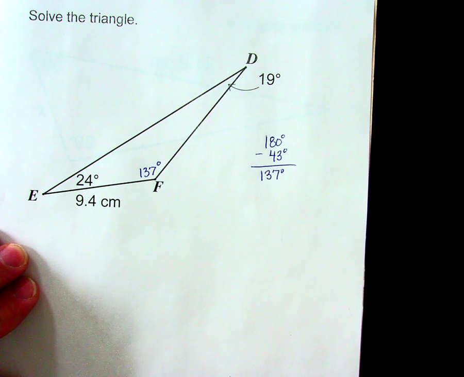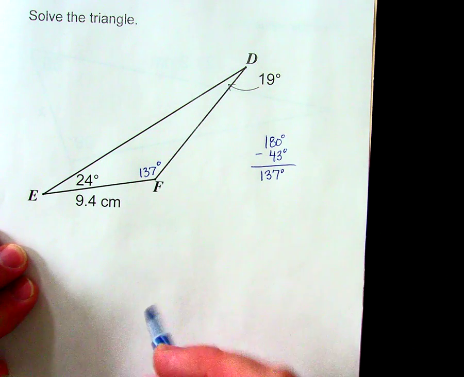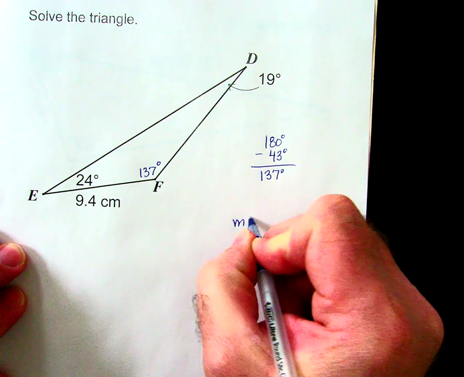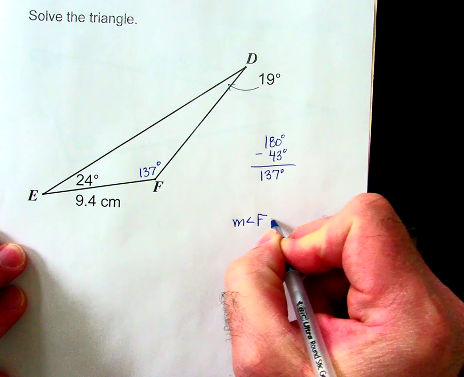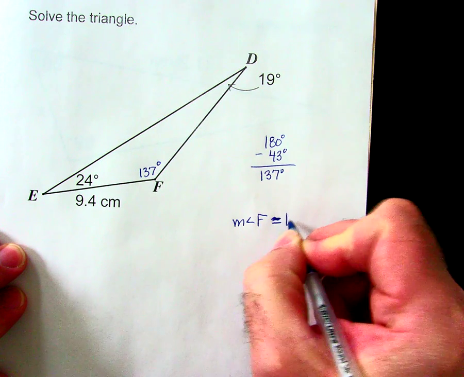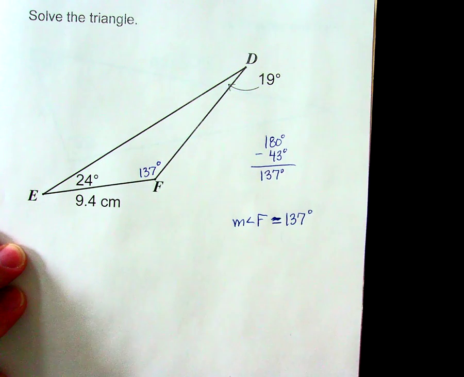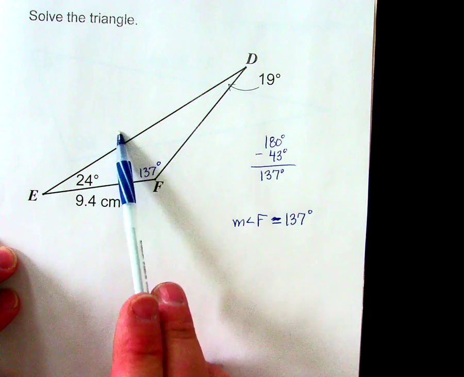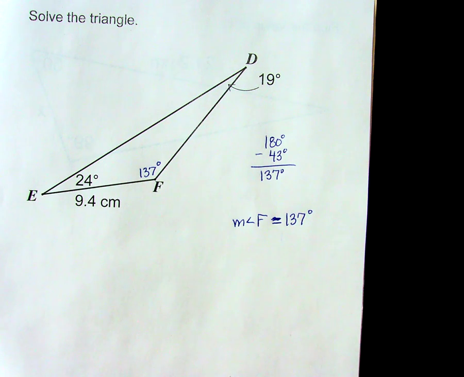So I've already solved for one missing thing. I know that the measure of angle F is exactly 137 degrees. Now I just need to find the measures of these two sides.